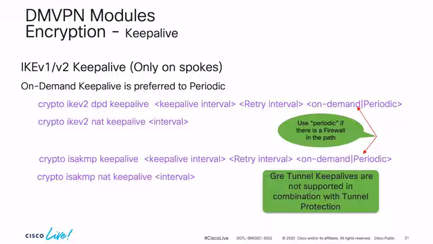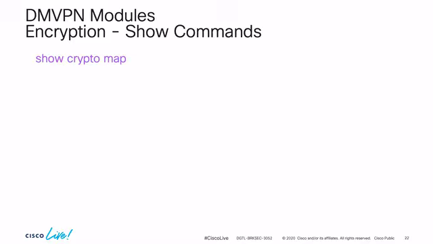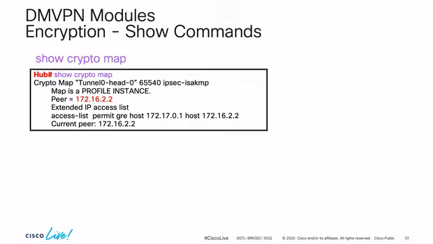Now that we've learned the mandatory configurations in the encryption module, let's take a look at some of the show commands available to us. Show crypto map is one of the useful commands because it gives us information about the dynamic crypto map which the IOS version has automatically created once tunnel protection is applied on the tunnel interface.